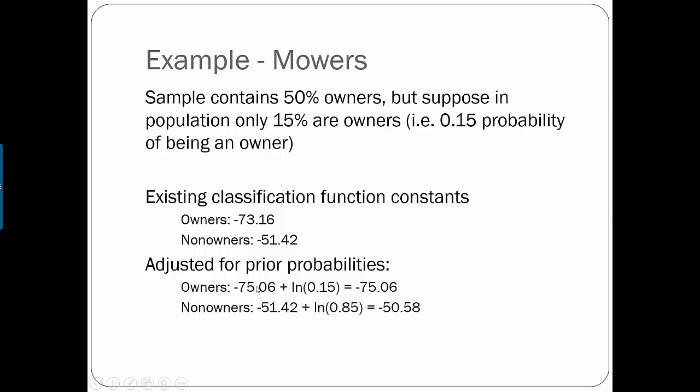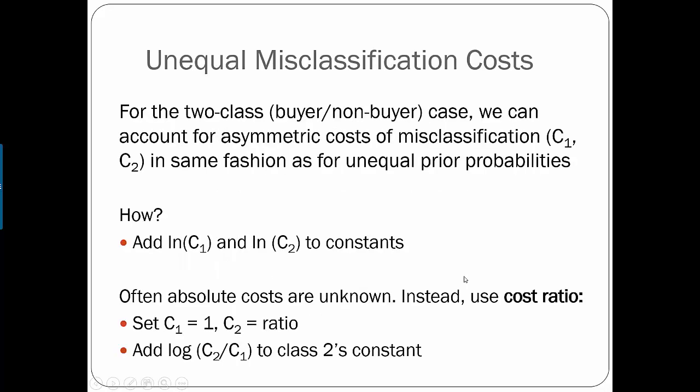In that case, you add to the owners' discriminant function the natural log of 0.15, and for non-owners you again adjust by this little factor, and then you do the computation.